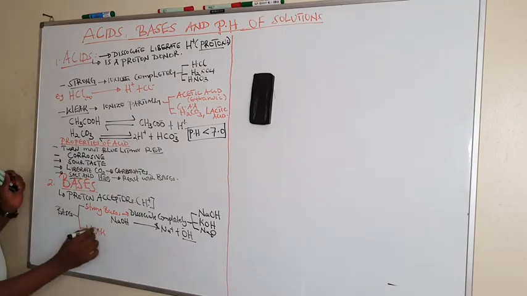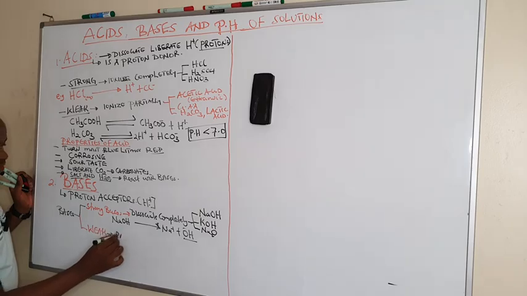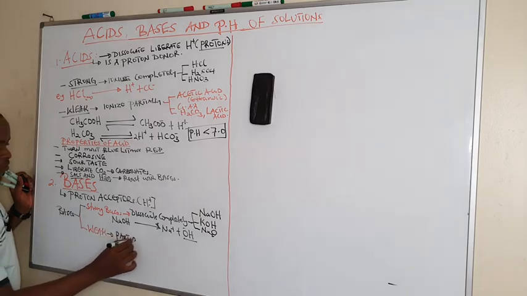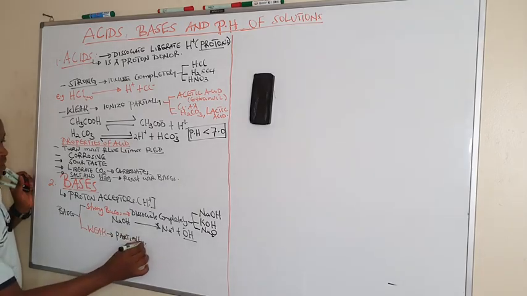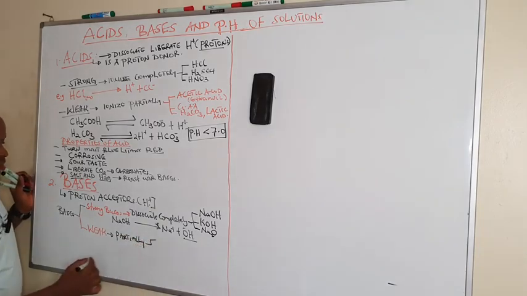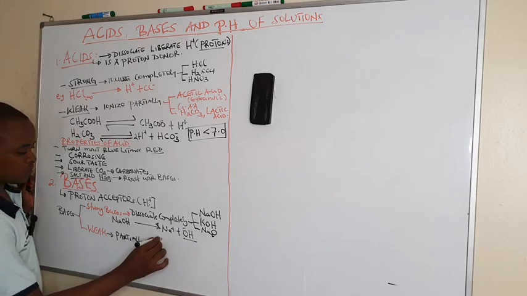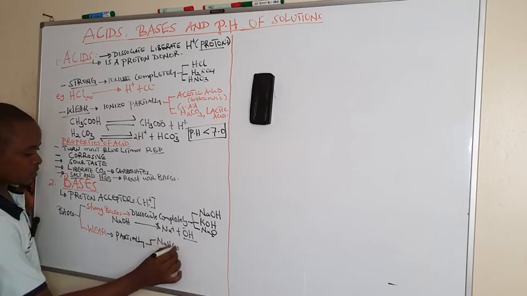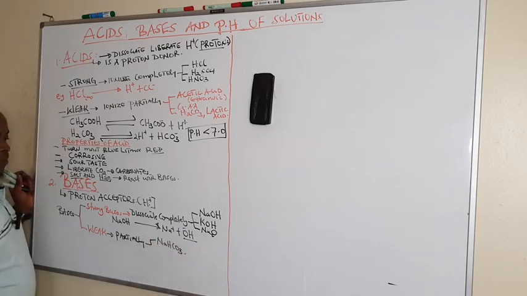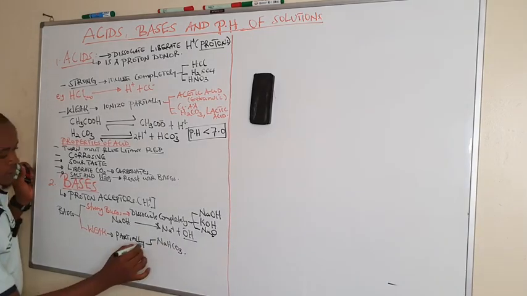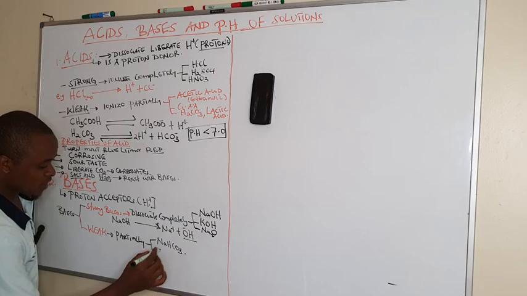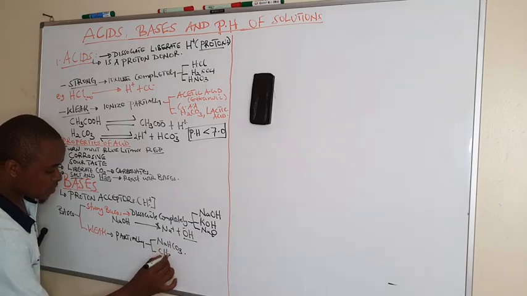Then weak bases dissociate partially in solutions, and weak bases include sodium hydrogen carbonate, which is one of the examples of a weak base. Another base is sodium ethanoate.